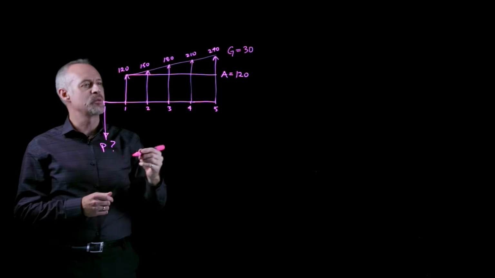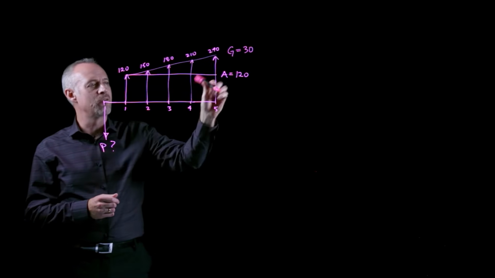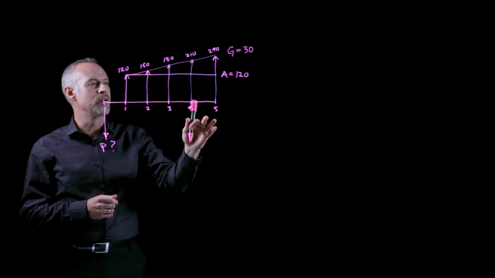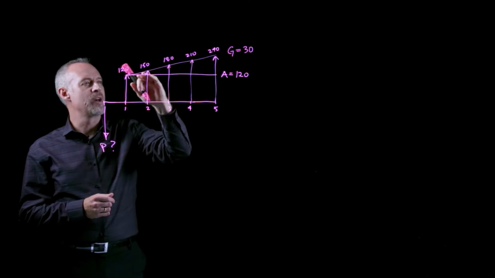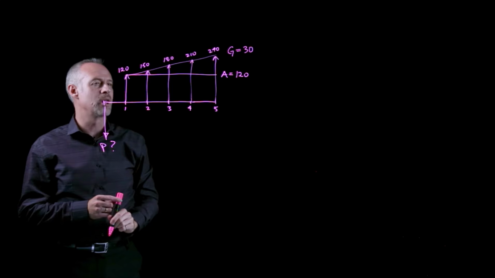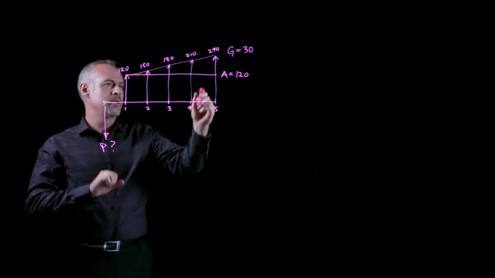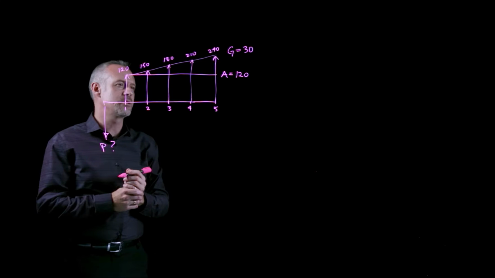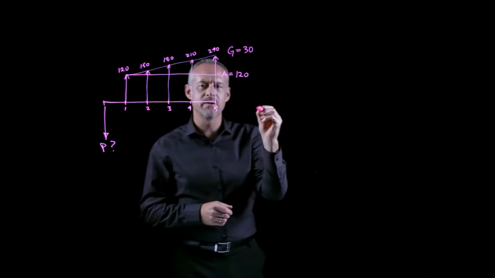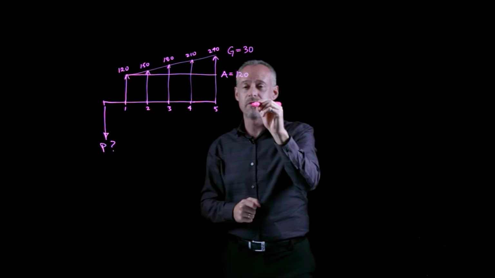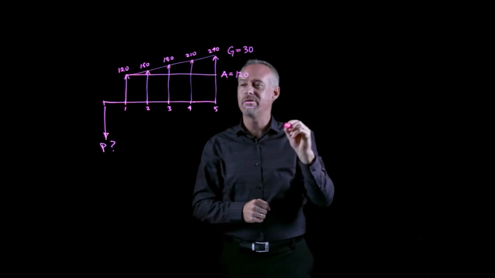So in this particular case, we have an underlying annuity of $120 per year. And then on top of that, we have a gradient of $30 per year. So how do we calculate the P, given the fact that we've identified these two patterns? What I'd like to do is show this graphically.